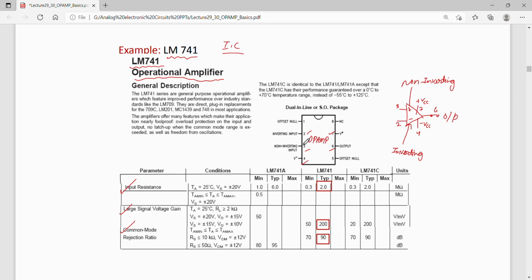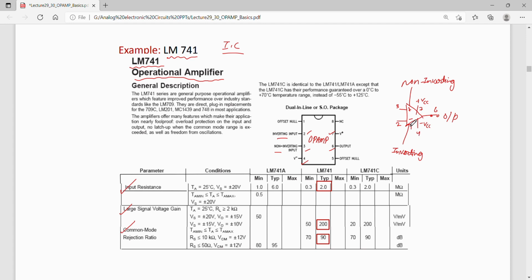For example, 2 and 3 are the inverting and non-inverting inputs. So in the op-amp symbol one can mark 2 as the inverting and 3 as the non-inverting input. 6 is the output. And 7 and 4 are plus minus VCC.